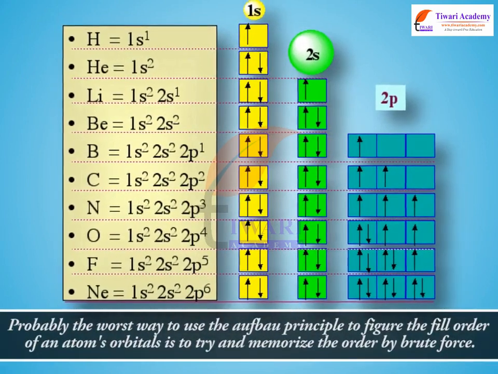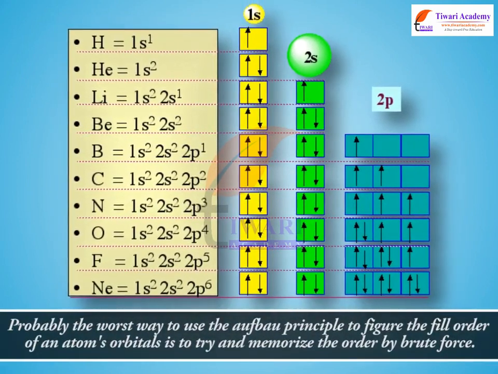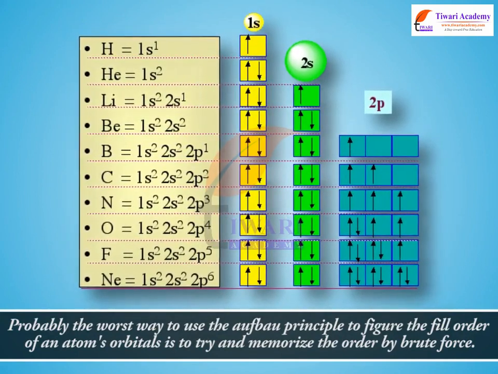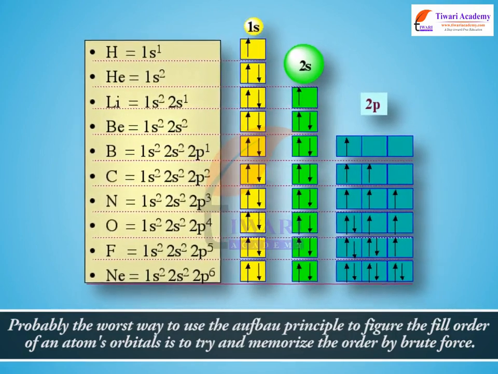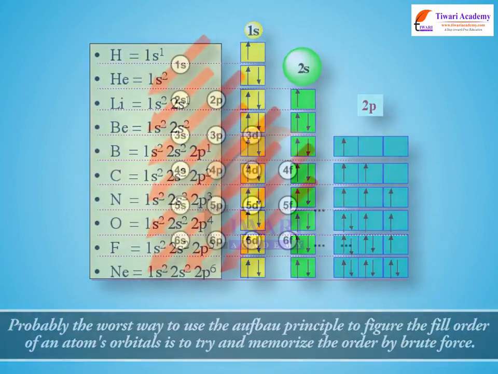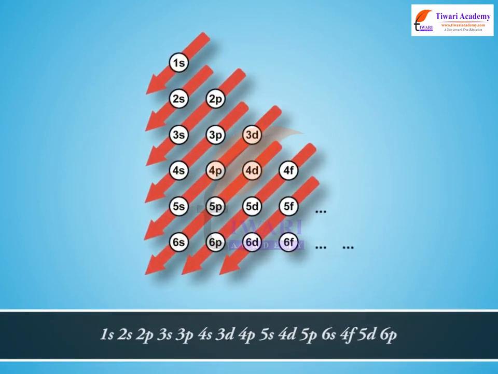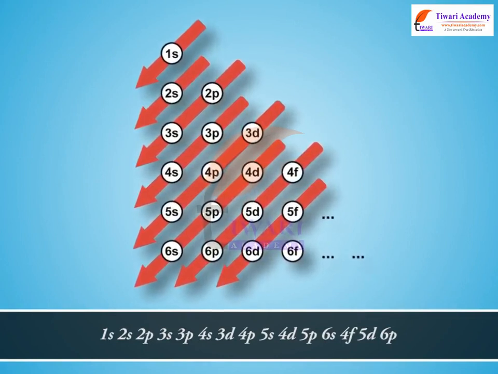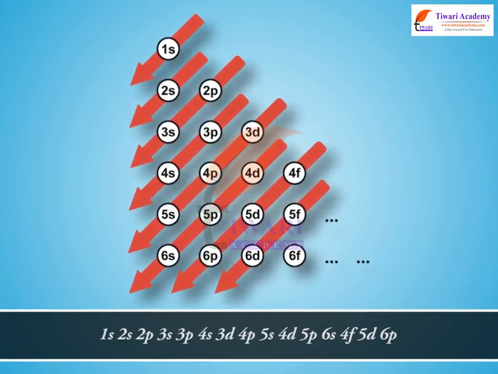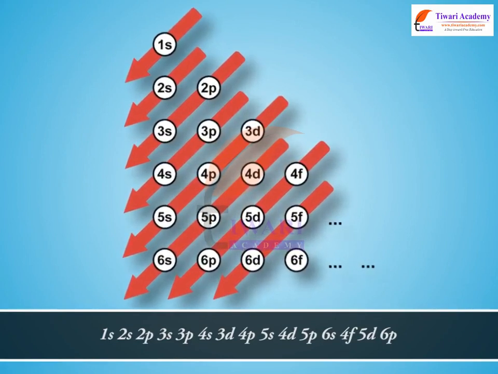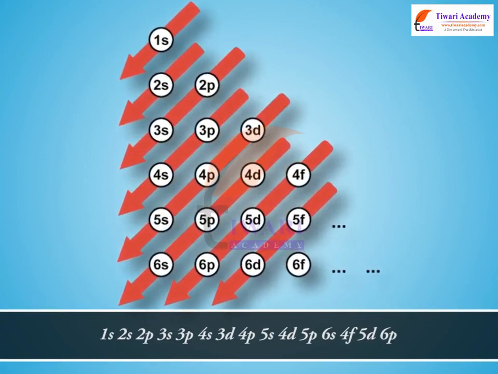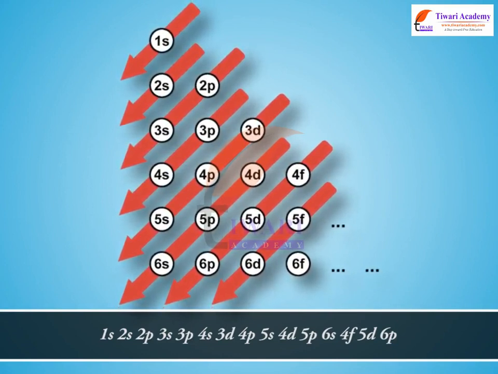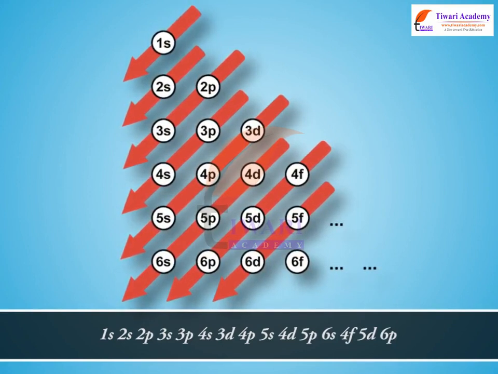Probably the worst way to use the Aufbau principle to figure the fill order of an atom's orbitals is to try and memorize the order by brute force: 1s, 2s, 2p, 3s, 3p, 4s, 3d, 4p, 5s, 4d, 5p, 6s, 4f, 5d, 6p.